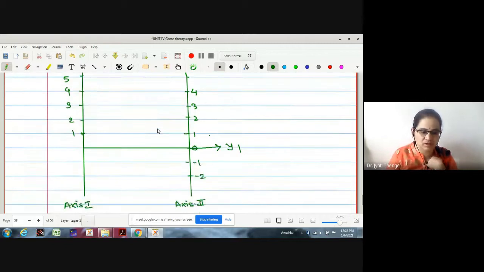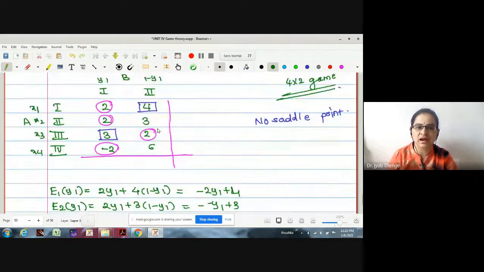Now let me plot the lines. First we will mark the points on the first axis.